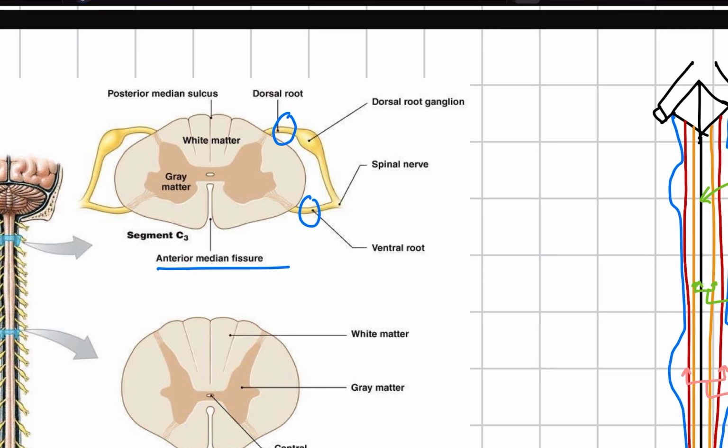The dorsal root is for sensory, with ascending tracts, but the ventral root is for motor, with descending tracts.